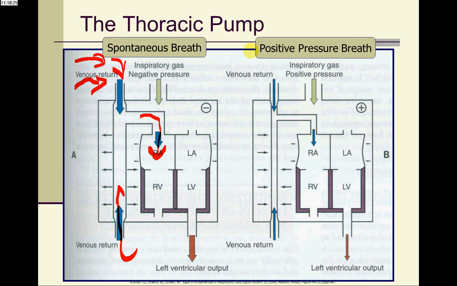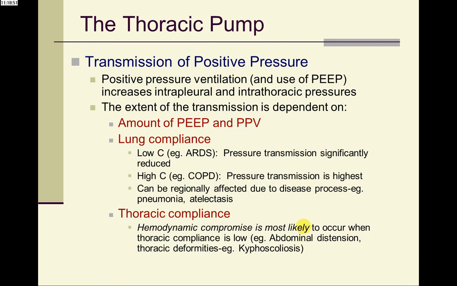Okay, with a positive pressure breath now, we actually push against these vessels, and that decreases our venous return. So we're actually pushing some of the blood out of the thoracic cavity, limiting right atrial preload, limiting right ventricular function. So that's a major effect on the cardiovascular system. All right, there's nothing we can do about that.